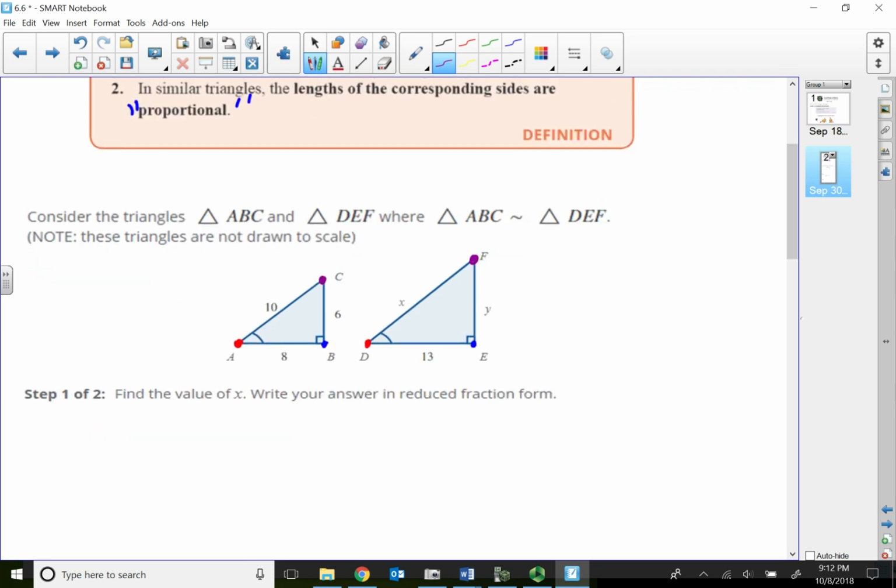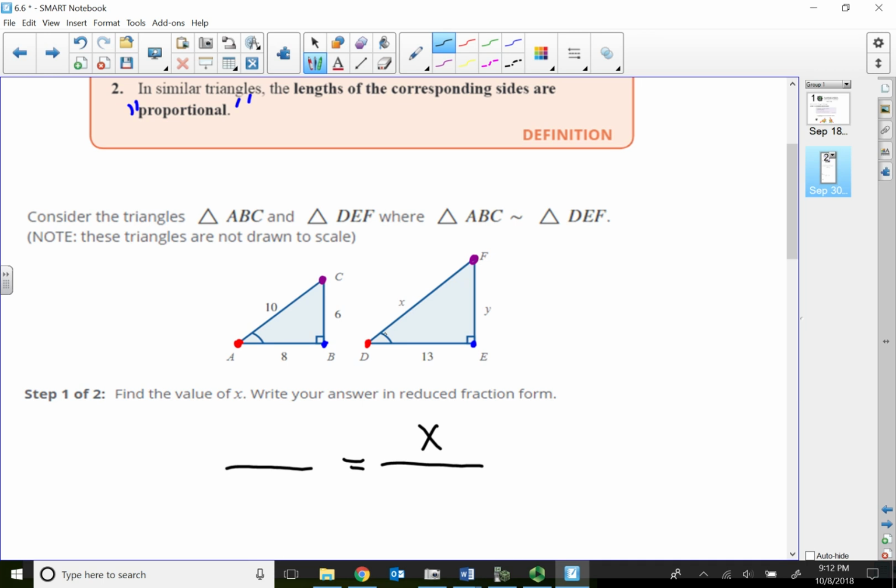I can use proportion to set them up. Let the first fraction bar be for the numbers from the triangle on the left, and the other fraction bar for the sides of the triangle on the right. So let's find x first. X is on the triangle on the right, so I'm going to put it on top.